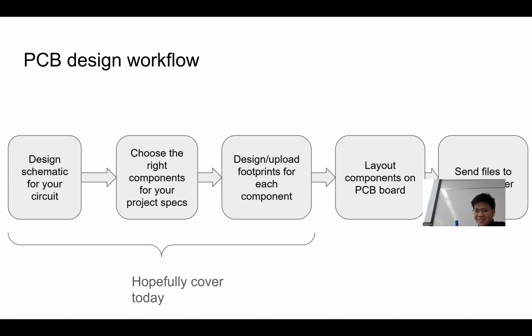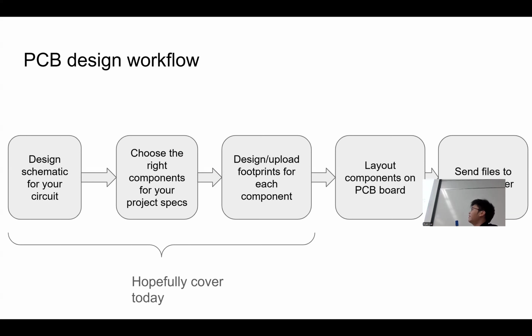Finally, we want to get into the workflow. What does PCB design look like? Well, first you design your schematic for your circuit. Let's say you've gotten your schematic from a manufacturer, or you've already simulated it yourself. Next, you're going to choose the right components for your project. There are a lot of components out there, and we'll get into choosing which ones work best for you.